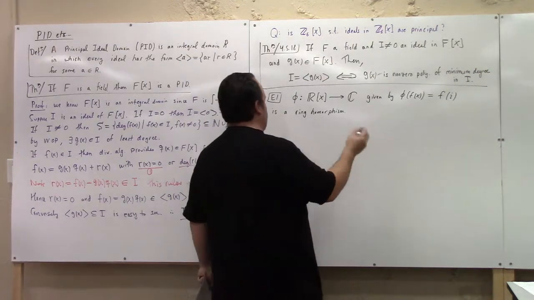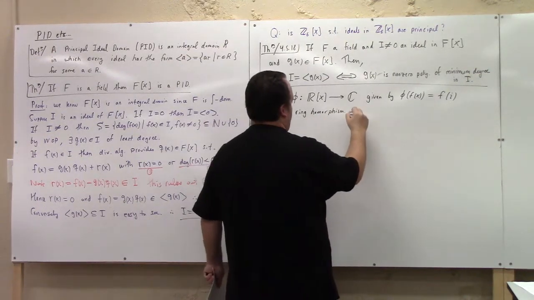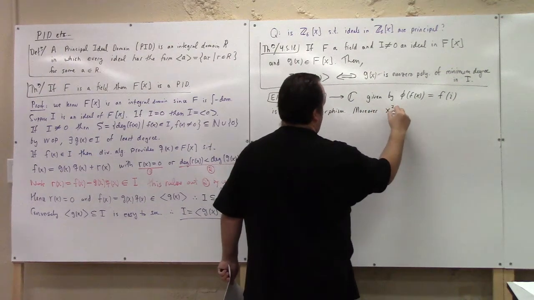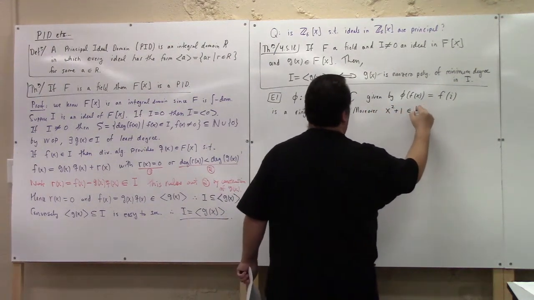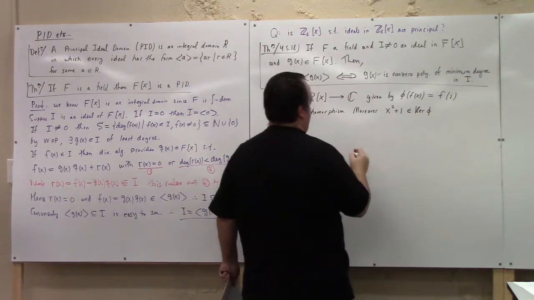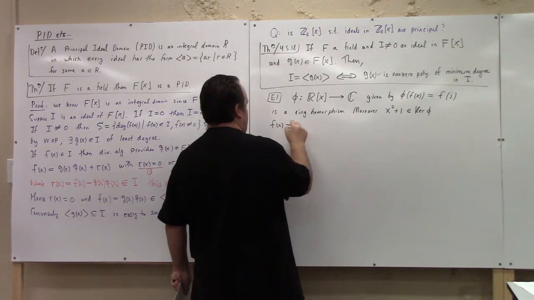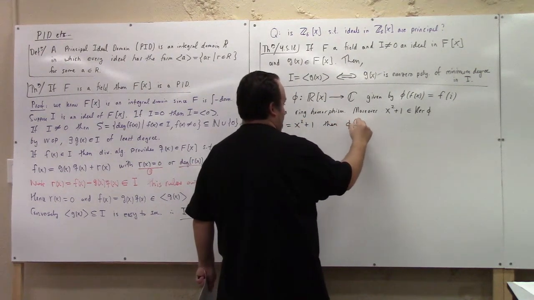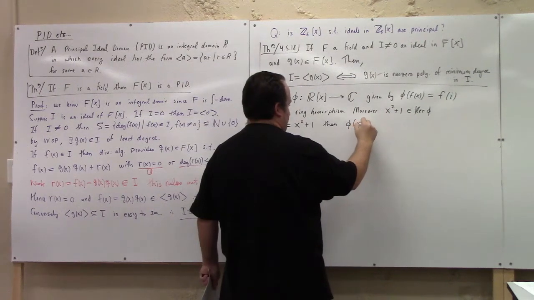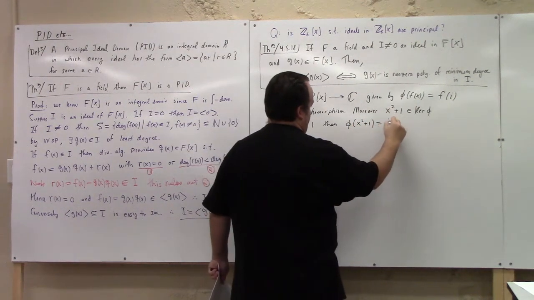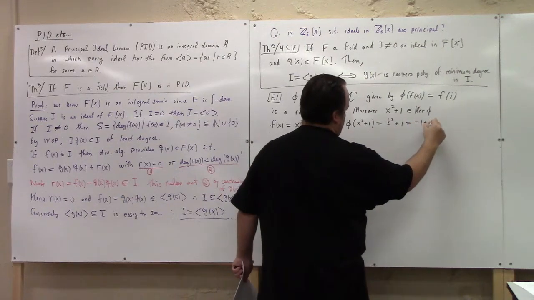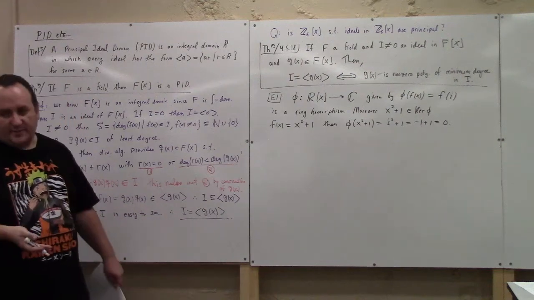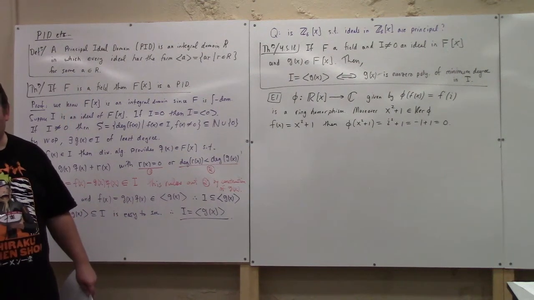And so you can calculate its kernel. Moreover, you can notice that x squared plus 1 is an element of the kernel of phi. If we have f of x equal to x squared plus 1, then phi of x squared plus 1 is equal to i squared plus 1, which is minus 1 plus 1, which is, of course, 0. So this polynomial maps to 0 under the map. It's certainly an element of the kernel.